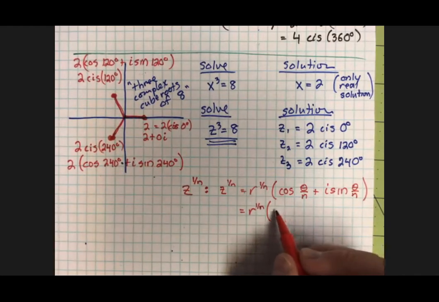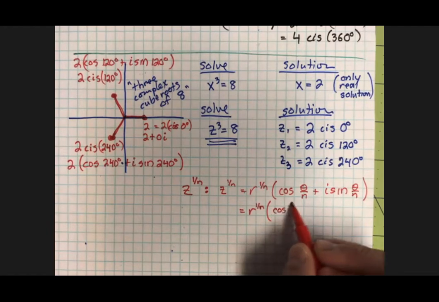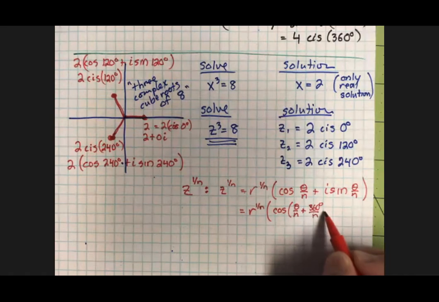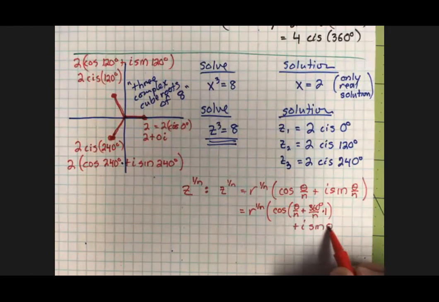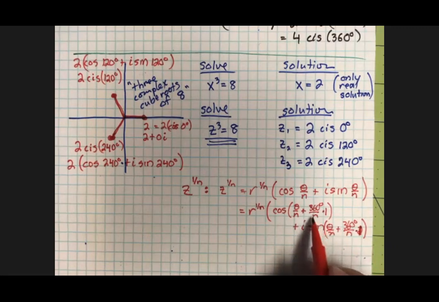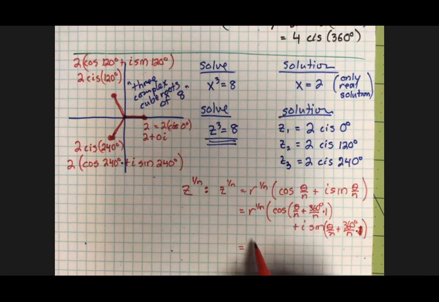And I've got to add copies of that: cosine theta over n plus 360 degrees over n times 1, plus i sine theta over n plus 360 degrees over n times 2. This is very awkward to write, because I have one piece of 360 over n, then two pieces of 360 over n.